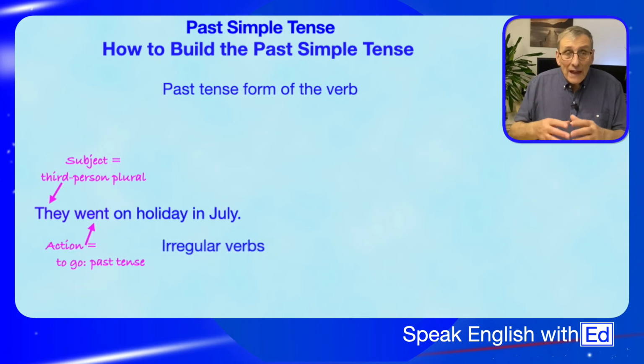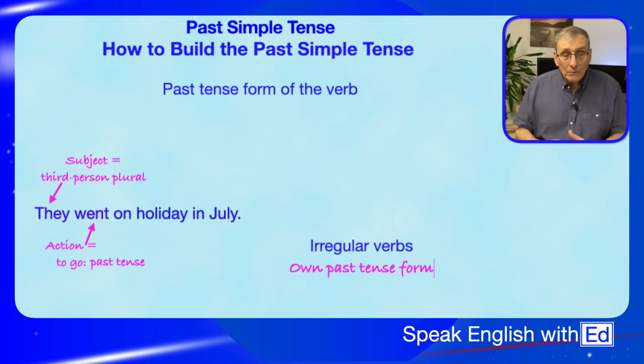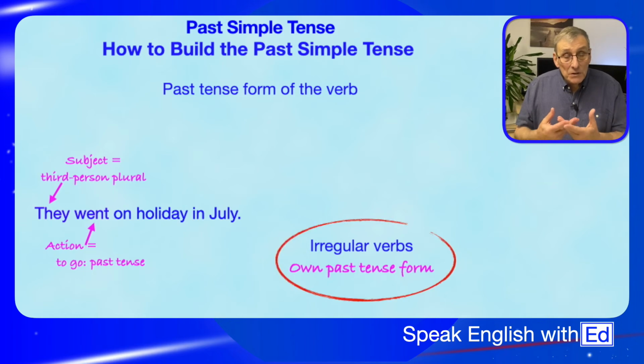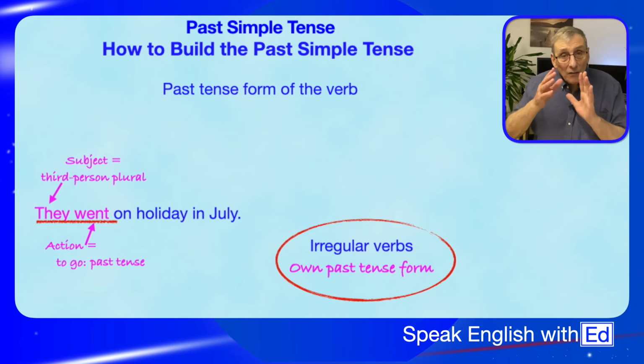Well, go is an irregular verb, and the past tense of this particular irregular verb is went. So they went on their holidays in July. They went is the past tense form of this sentence, they being the subject and went being the past tense verb of go. So, did you understand all of that?